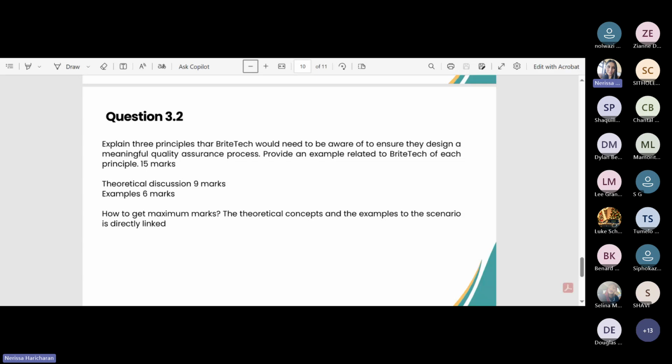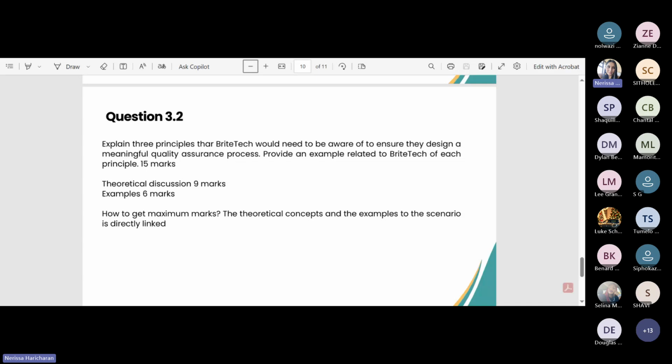So now, if you're choosing customer focus, I've already given you 1 mark just with an explanation. So you now need to expand on that. Then you need to go into what Brightech is doing in order for them to understand what the needs of their customer is, and then marry that together to give you examples or an application.